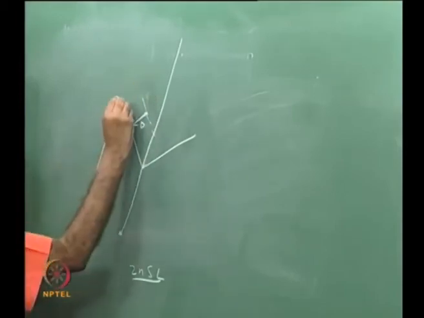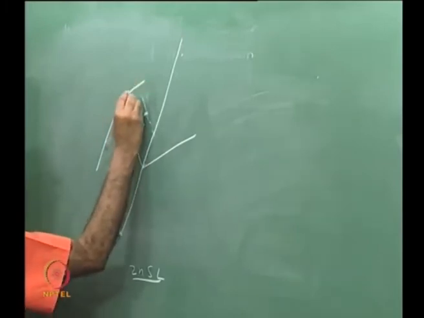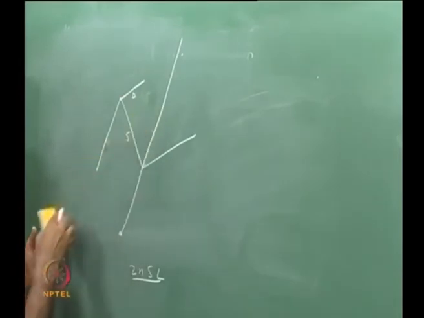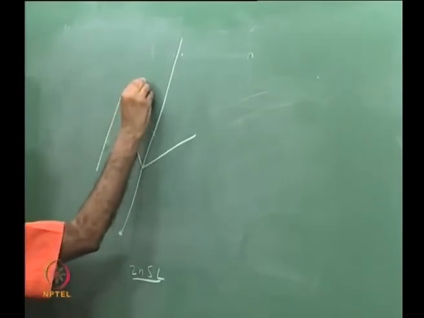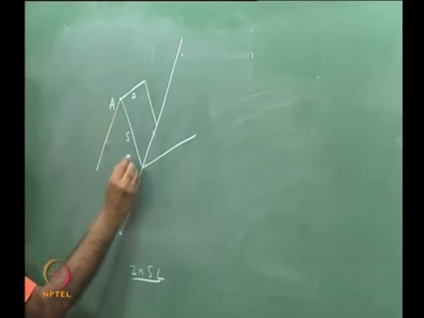The burning surface area should proceed normal to the surface. Let us say it moves by a distance delta. Therefore, when it moves by a distance delta, this line comes over here. That means, let us now put some names to it, because we are complicating the issue a little bit.